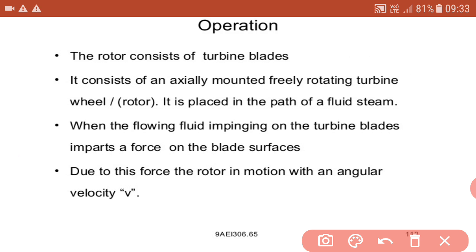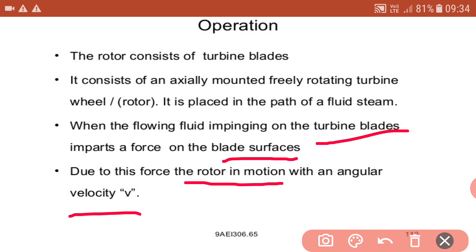The flowing fluid impinging on the turbine blades imparts a force on the blade surfaces. When the flowing fluid strikes the turbine blades, a force is induced on the blade surfaces. Due to this force, the rotor is set in motion with an angular velocity v.